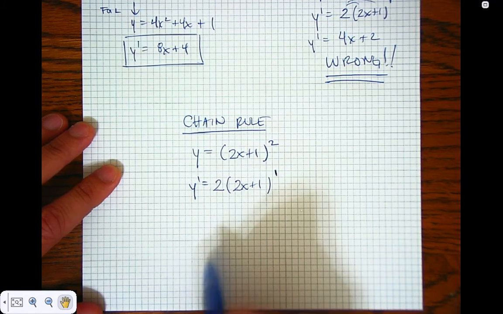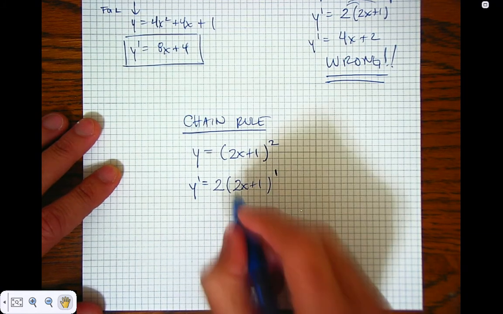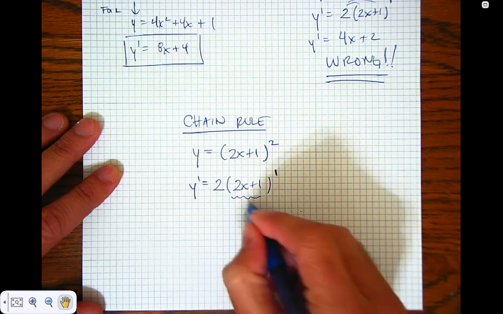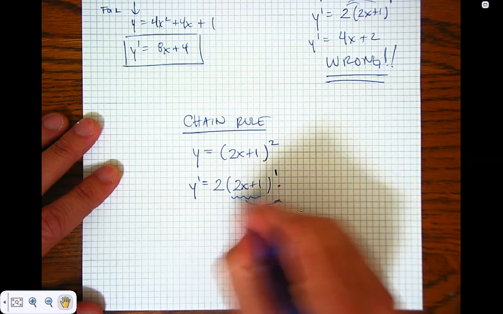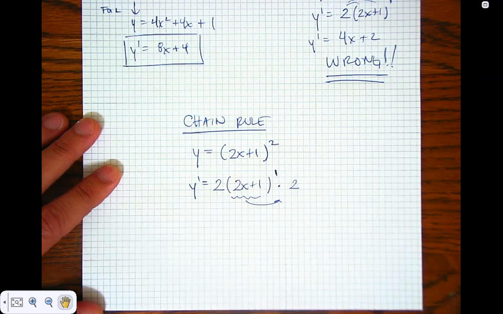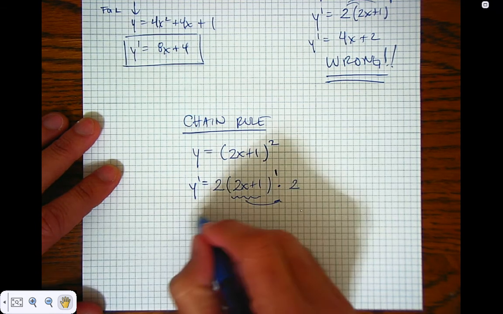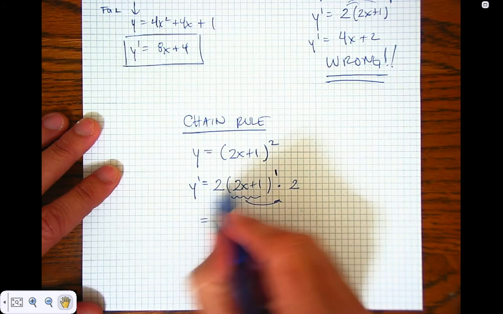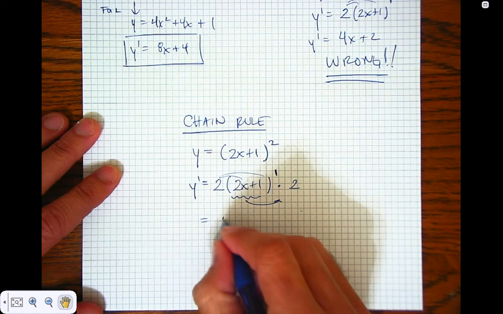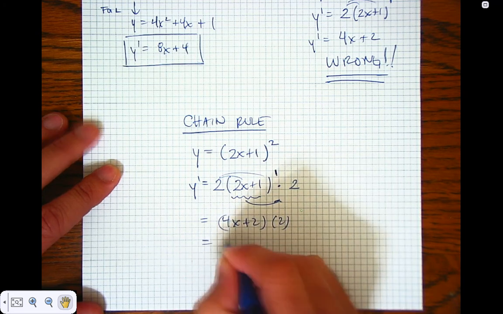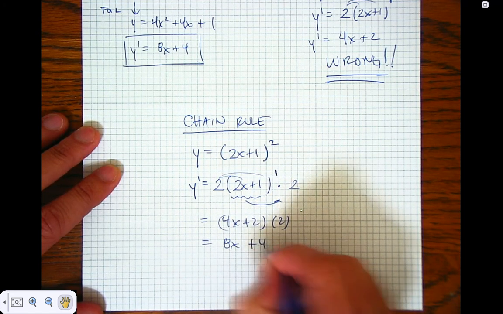That should all be familiar, right? That's the power rule. But we haven't taken the derivative of the inside stuff yet. So we have to multiply by the derivative of whatever is inside there, which would be 2. That's the chain rule. And when you simplify that, this would be (4x + 2) all times 2, which would give us an answer of 8x plus 4.